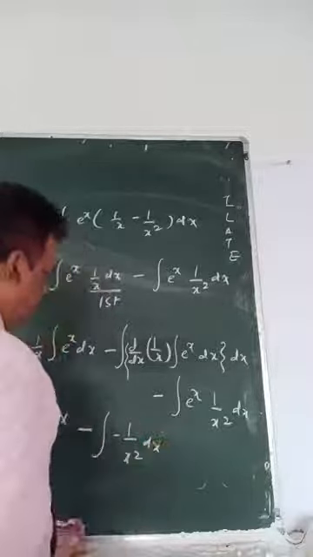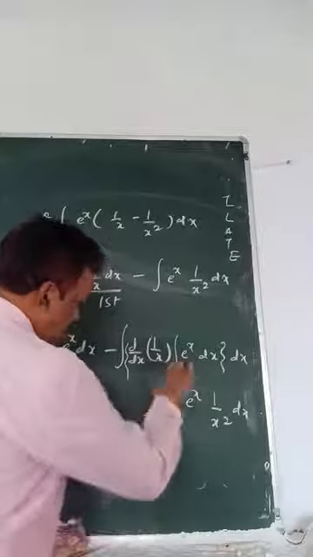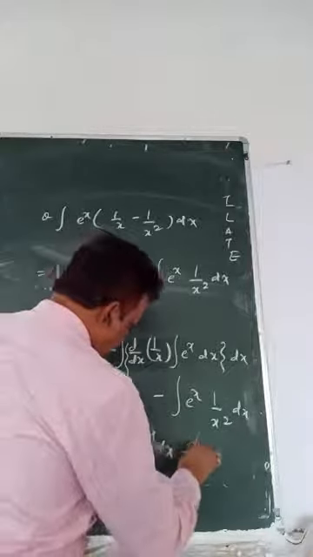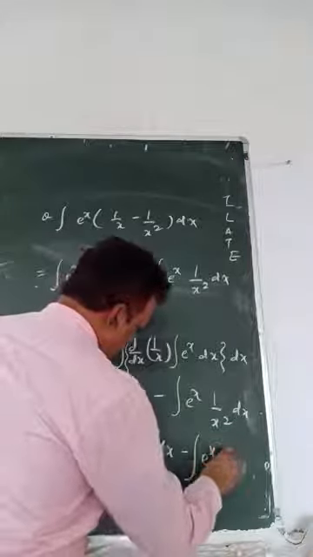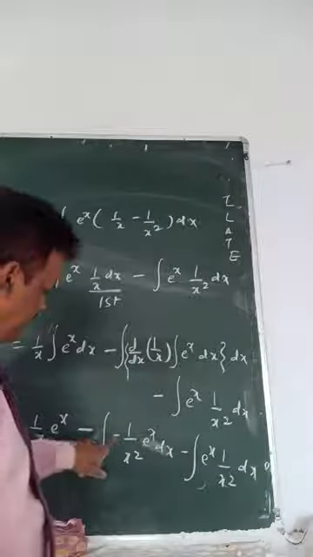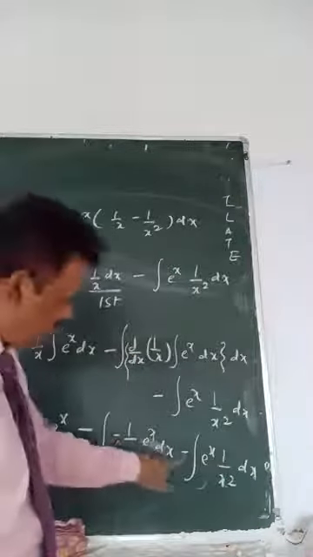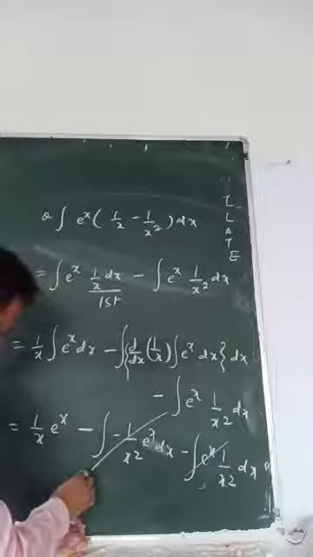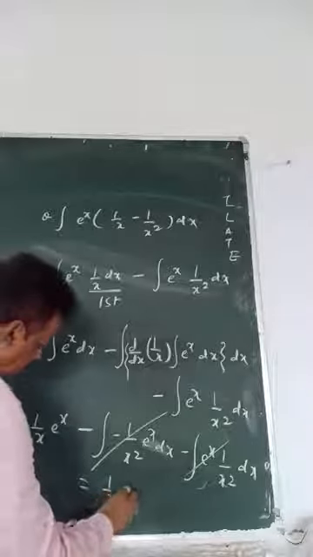So minus 1 by x square e to the power x dx. Then this is minus e to the power x 1 by x square dx. Look here, this minus minus will be plus. This is minus, which means it is getting cancelled. So the answer is 1 by x e to the power x plus C.